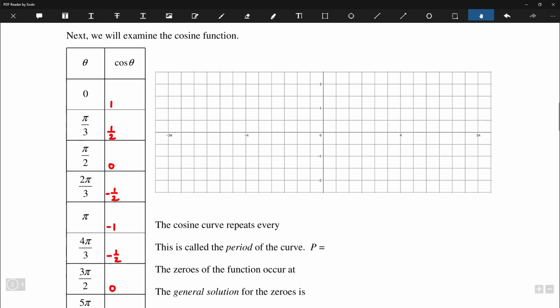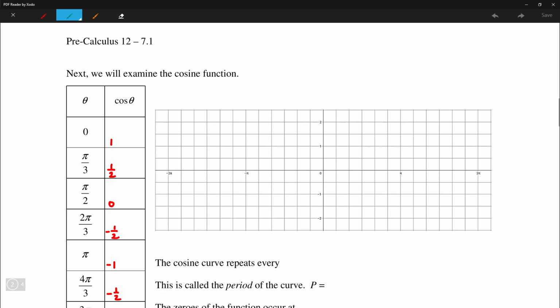So if we are to plot those points, we would have 1, 1/2, 0, negative 1/2, negative 1, negative 1/2, 0, 1/2, and finally 1 at the end of the period.